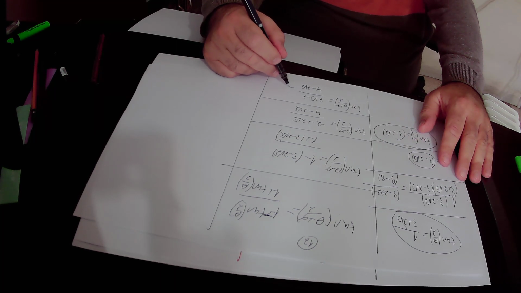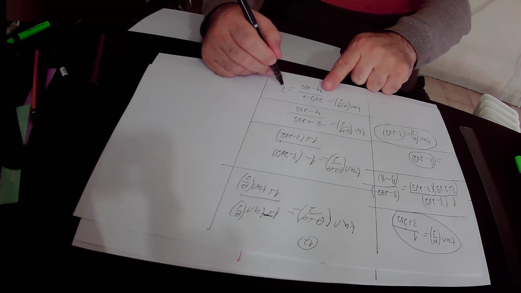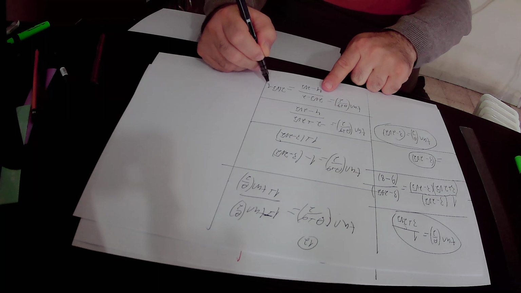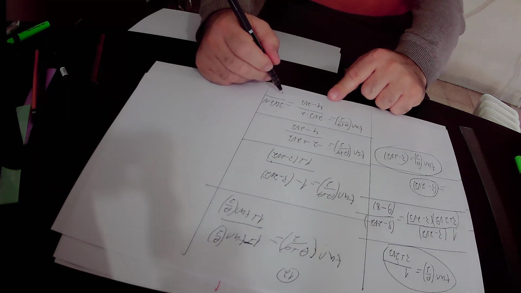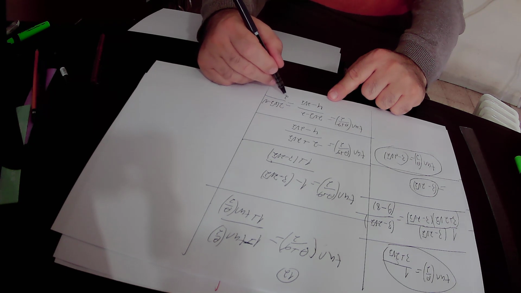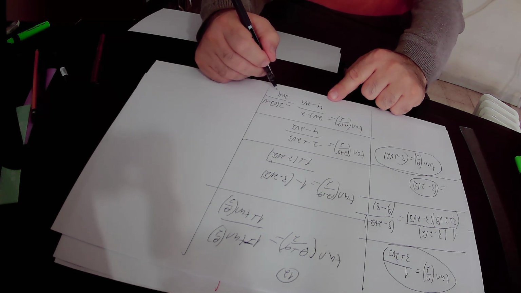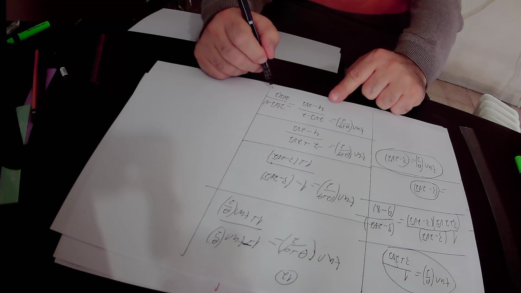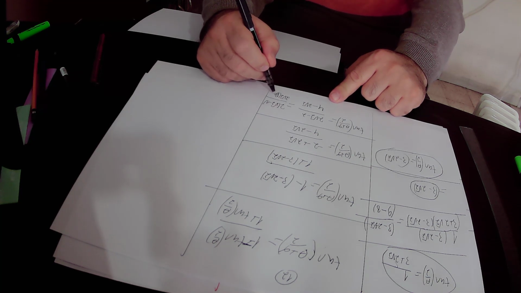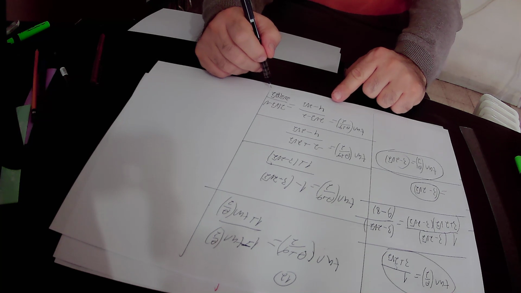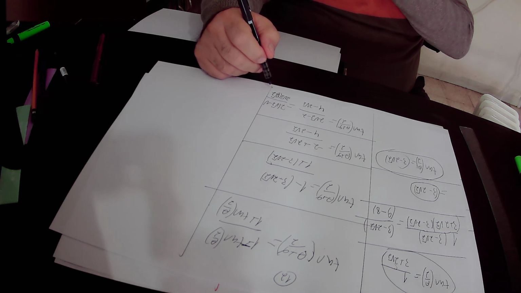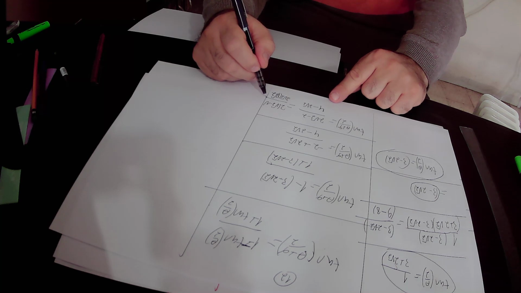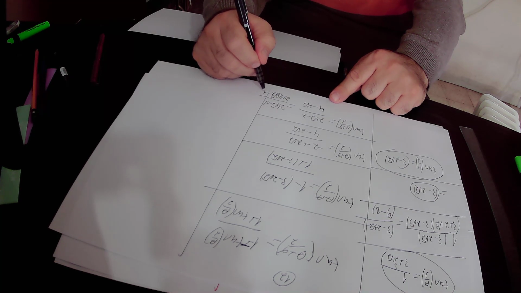Here we will take 2 as a common factor from the numerator, and inside the brackets we will have square root of 2 minus 1, and from the denominator we will take a common factor of 2 times square root of 2, and inside the brackets we will have square root of 2 because square root of 2 times square root of 2 is 2, and so it is 2 square root of 2 times square root of 2 minus 1.